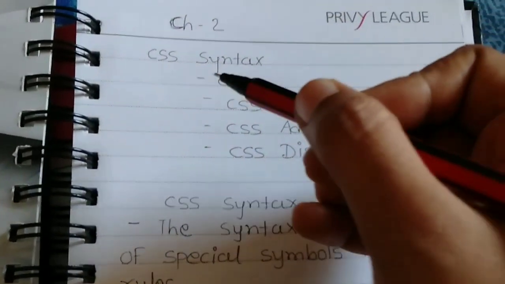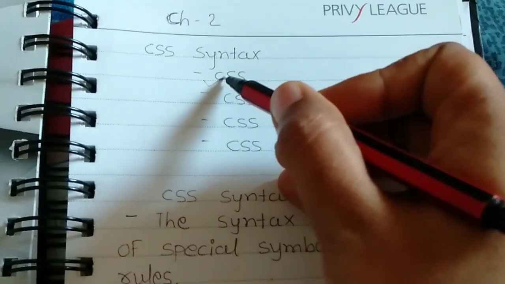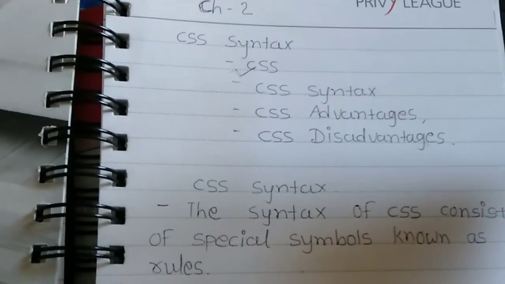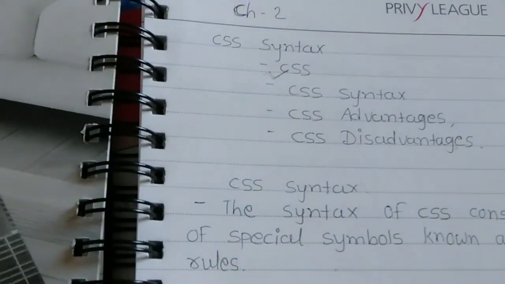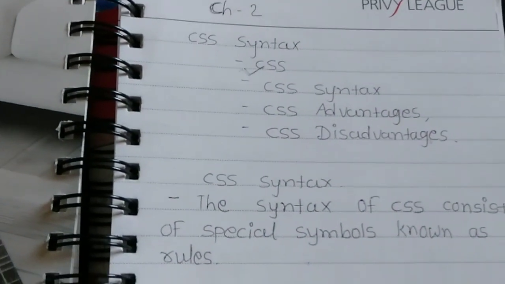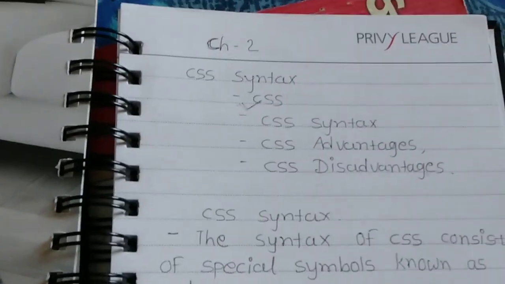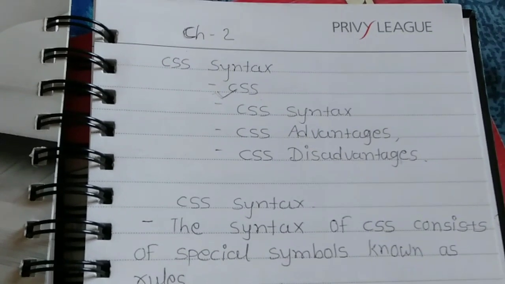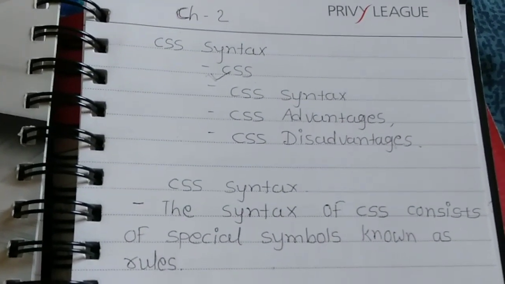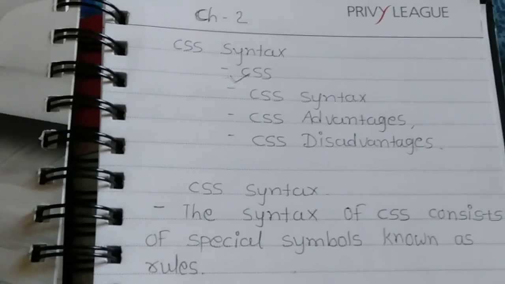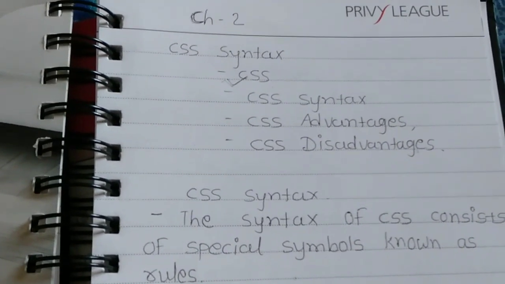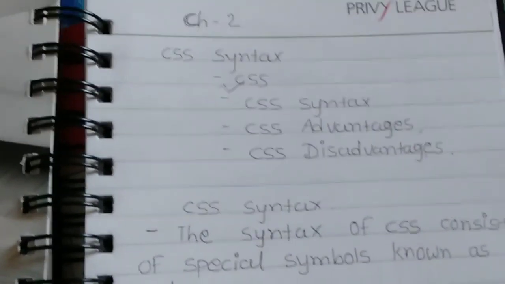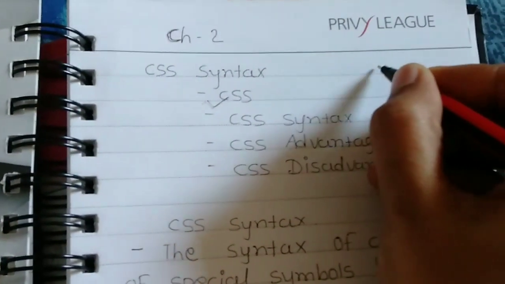So, why we are using CSS. See, if you want to apply bold effect, italic effect, underline effect, if you want to apply font color, font size, font family, then you have to use some tags in HTML. But I want to apply CSS, so what is the difference between CSS and HTML? In HTML, if you want to apply bold effect, then you have to use the B tag.